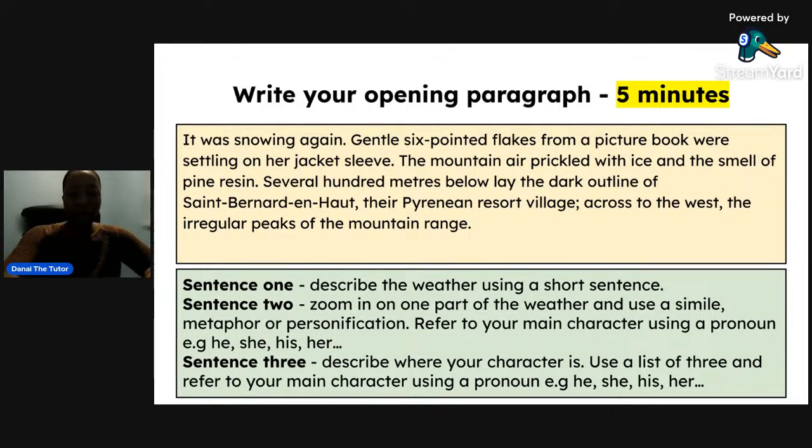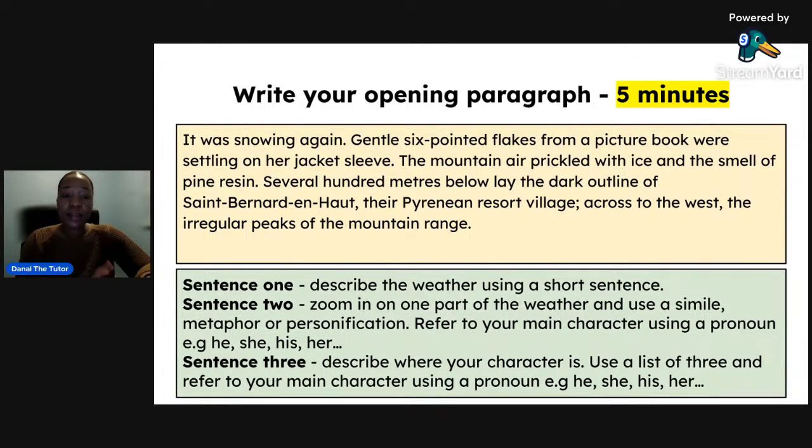I'm sorry about that. So when it comes to the writing, what I've done is I've looked at what the writer has done in each sentence. Sentence one, you can describe the weather using a short sentence, like they've done: It was snowing again. Sentence two, the writer has zoomed in and used a metaphor: Gentle, six-pointed flakes from a picture book were settling on her jacket sleeve.